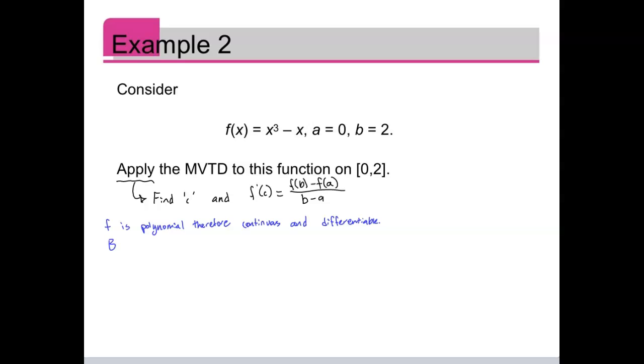So by MVTD, the mean value theorem for derivatives, there exists c on the interval from a to b, which in our case is from 0 to 2, such that f prime of c equals f of 2 minus f of 0 over 2 minus 0.